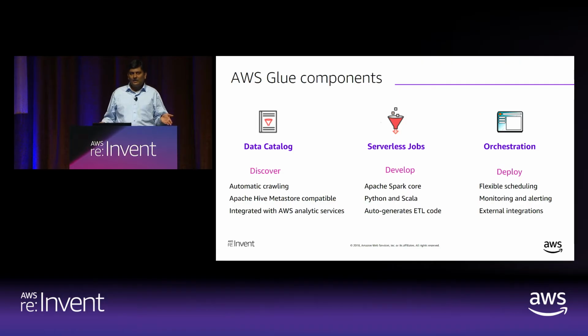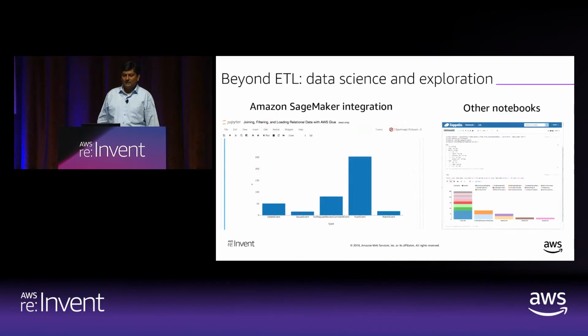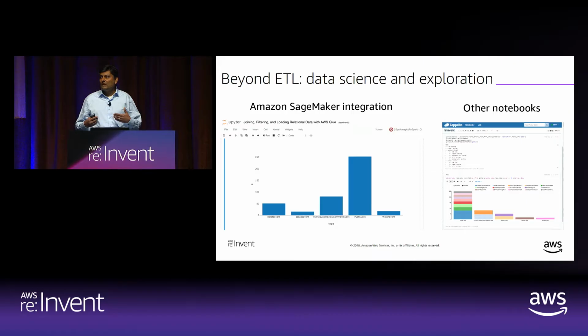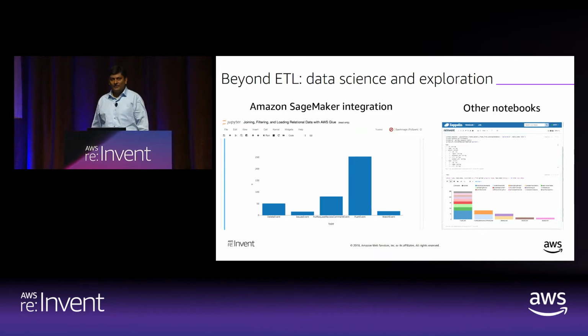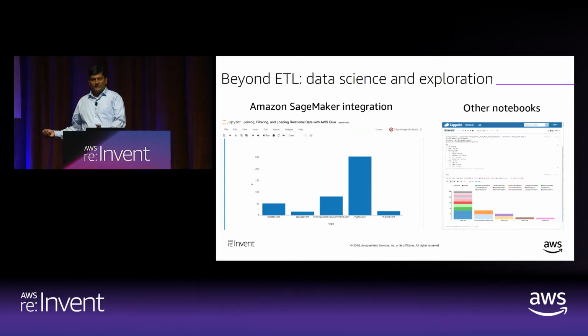So that, in a nutshell, is what Glue was offered as and continues to be offered as. But beyond just the ETL components, our customers, you, have used Glue in ways that we didn't anticipate to begin with. So we originally gave you the APIs that were needed to actually stitch together your own notebooks sitting on your laptops or your desktops to the underlying serverless infrastructure that we had.